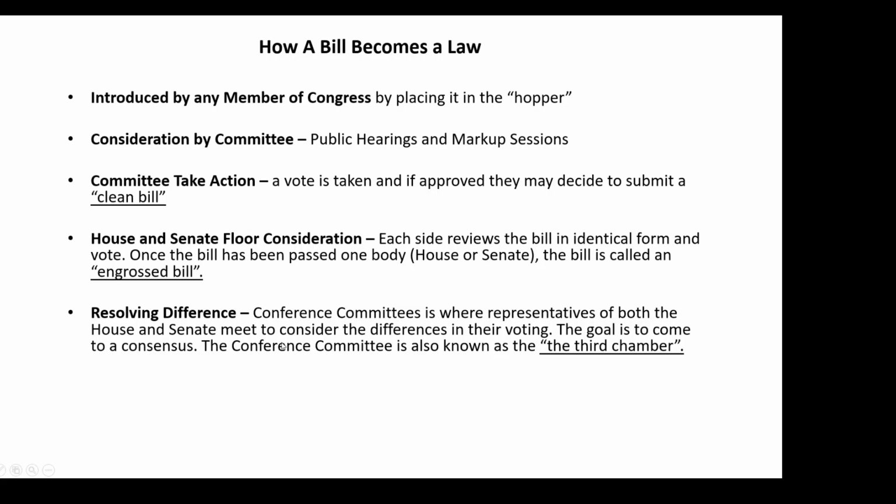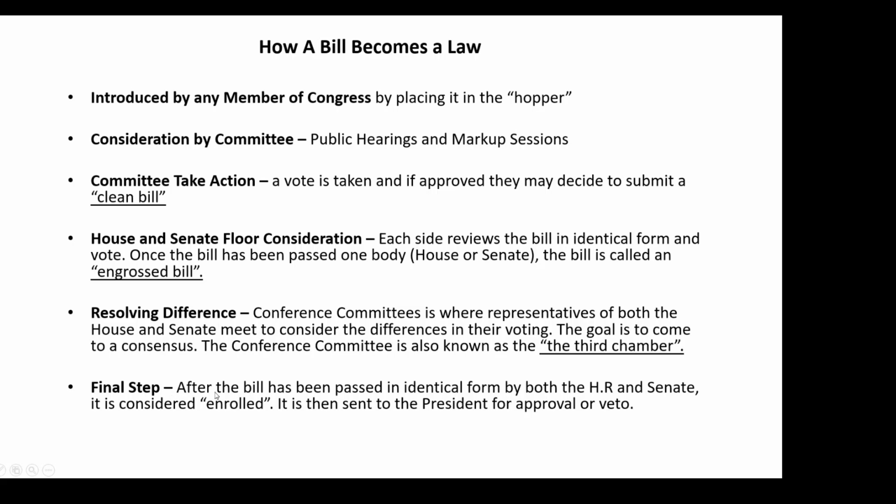It is where representatives of both sides come to discuss so they can vote and make a decision. The conference committee is also known as the third chamber of Congress. And then once they resolve the differences in identical form, they can submit an engrossed bill.